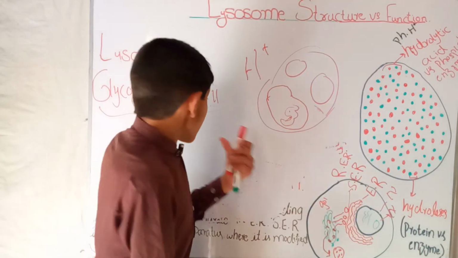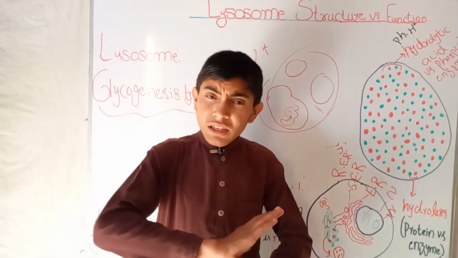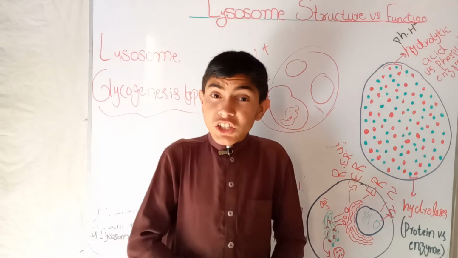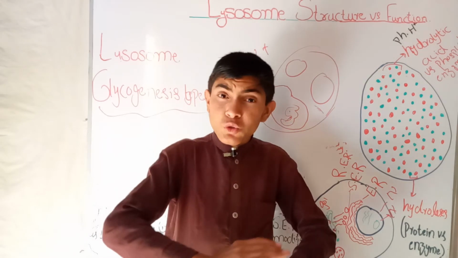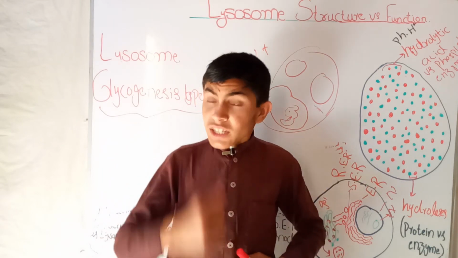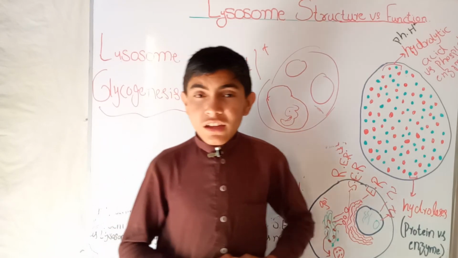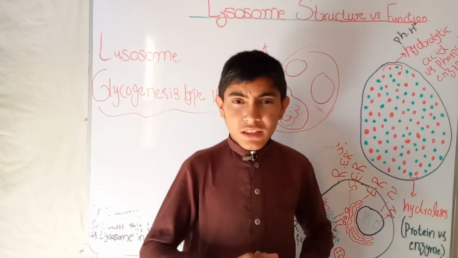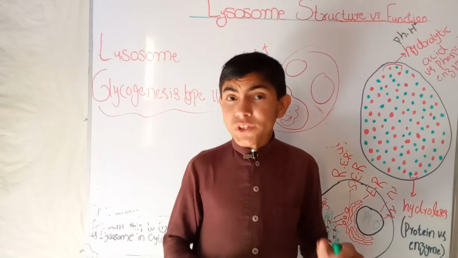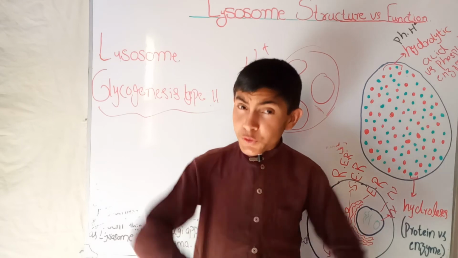So in glycogenesis type 2 disease, the amount of glycogen is increased in our liver tissues and our muscle tissues, because there is an enzyme which increases the converting of glycogen into glucose.